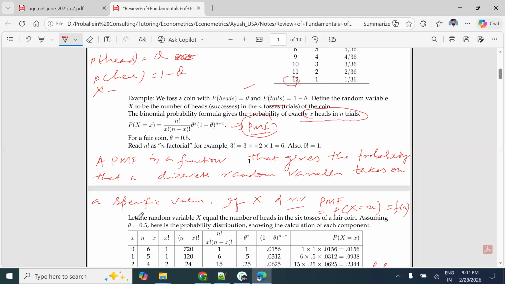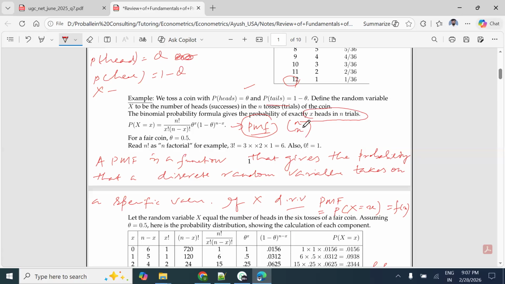It is also written like this, n choose x. Basically, this gives you the number of ways to arrange x successes among n trials.